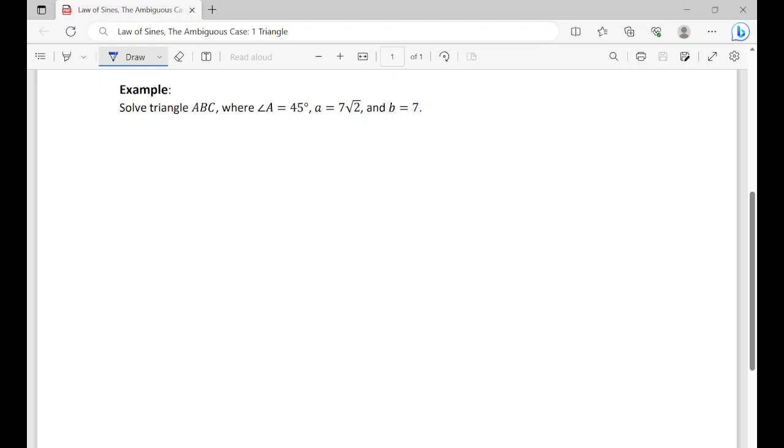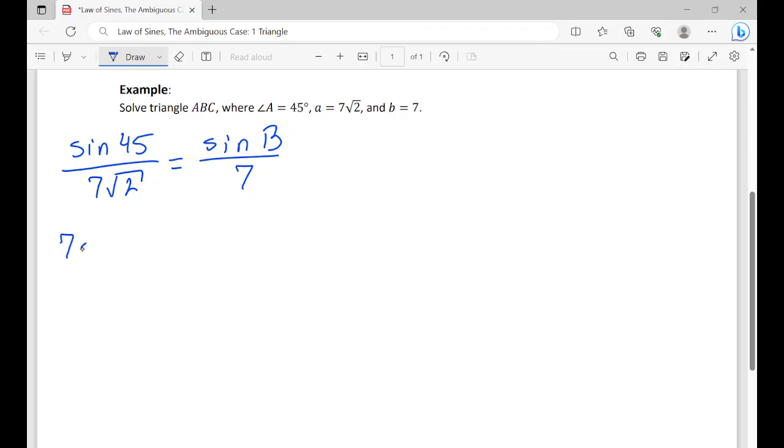So I can get angle B using the law of sines in this information here. So I'm going to have sine of 45 over 7 root 2 is equal to sine of B over just 7. Now I'm going to solve for sine B by multiplying the 7 over.